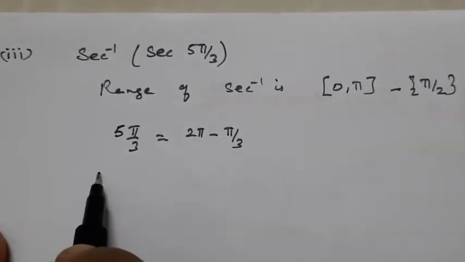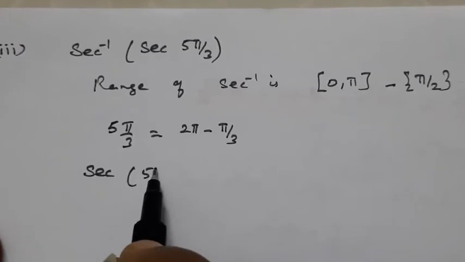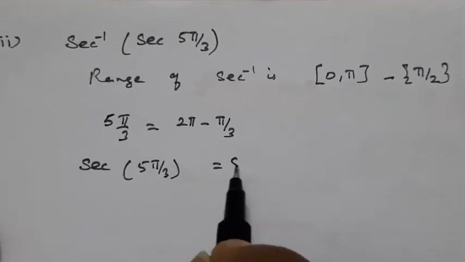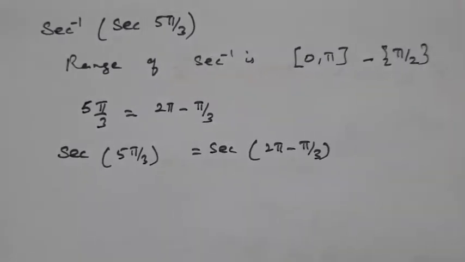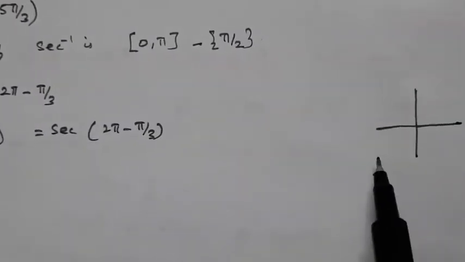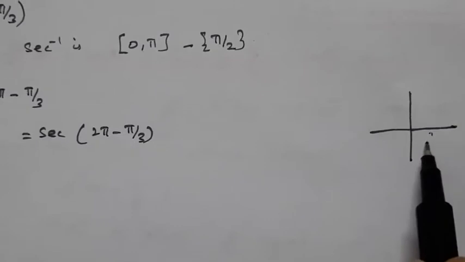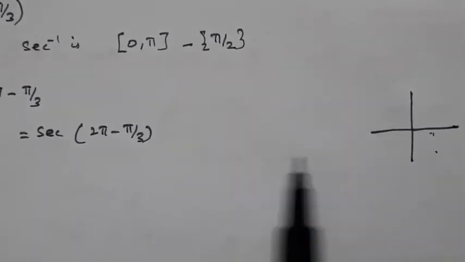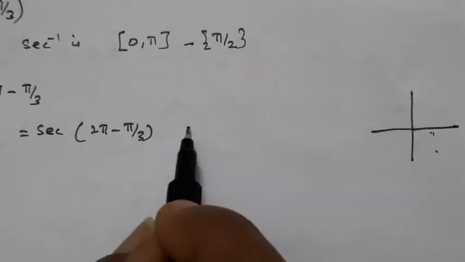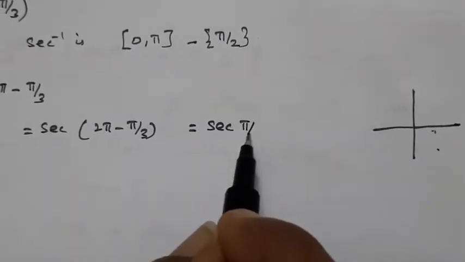Therefore, secant of 5 pi by 3 is equal to secant of 2 pi minus pi by 3. Now where does 2 pi minus pi by 3 lie? It lies in the fourth quadrant. In the fourth quadrant, cos is positive and hence secant is also positive. That is equal to secant pi by 3.